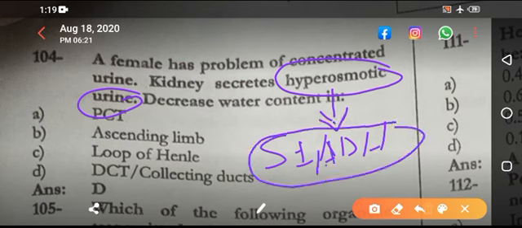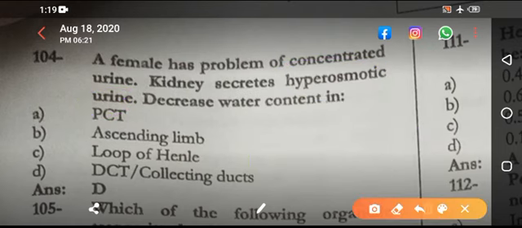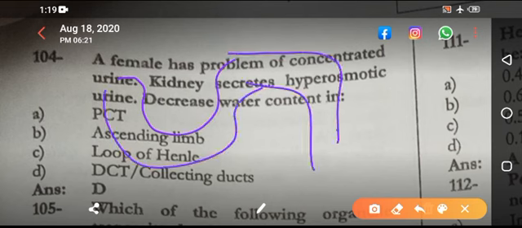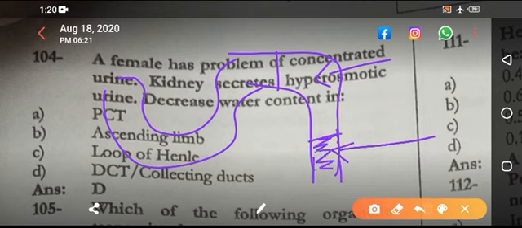So in decreased water content, where would you see decreased water content? If this is your nephron, the ADH acts on the collecting duct. So it will be in distal DCT. The answer here would be medullary collecting duct, because all of the water is absorbed.